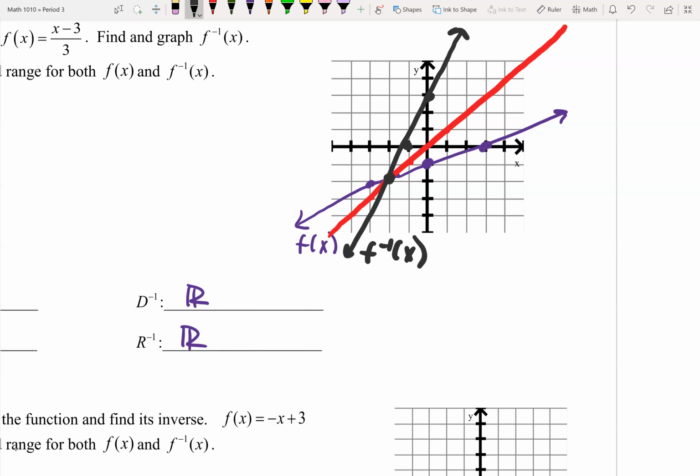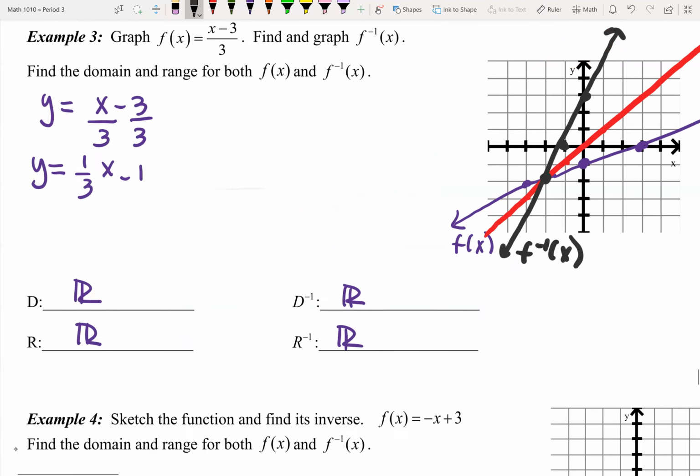If you fold it, would they lie on top of each other? What's the answer to the question, everybody? It would, right? That's because they're inverses. That's what inverses do. So the answer to the question is yes, they would.